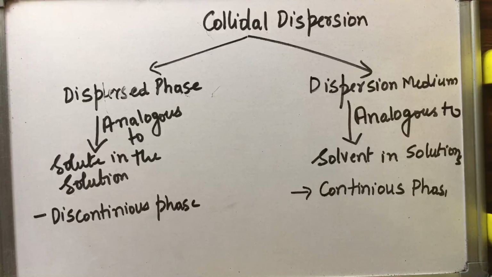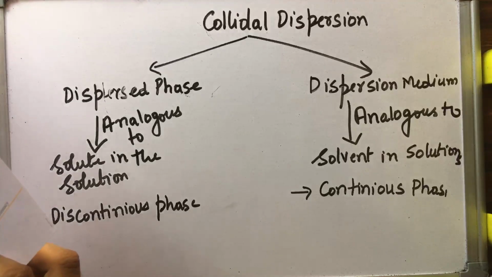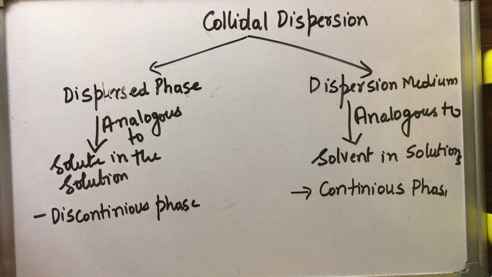Then we have studied enzyme catalysis and shape selective catalysis, then selectivity of a catalyst, then activity of a catalyst, and the mechanism of heterogeneous catalysis. Then we have studied the mechanism of enzyme catalysis. All these things we have studied in today's class, students.